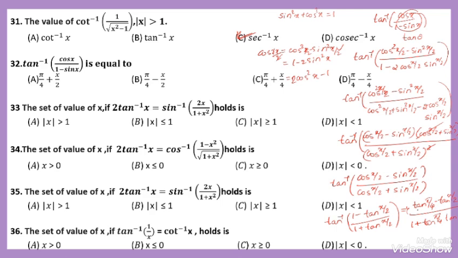By using the tan x minus tan y formula, the value becomes tan inverse of tan of pi by 4 minus x by 2. This is the final answer. That's why, by using the property of tan inverse of tan function, we have pi by 4 minus x by 2. The option number B is correct.